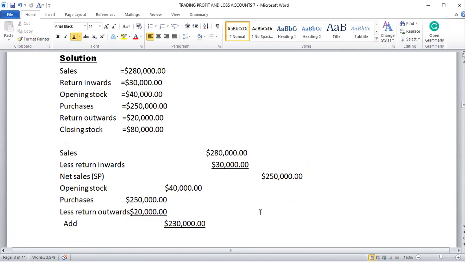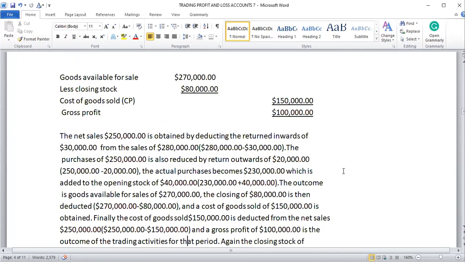So when we come here, sales $280,000, my return was $30,000, we get net of $250,000. The purchases is $250,000. It is also reduced by returns outwards of $20,000. So $250,000 minus returns outwards $20,000.